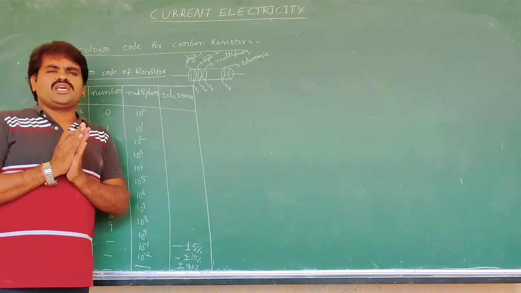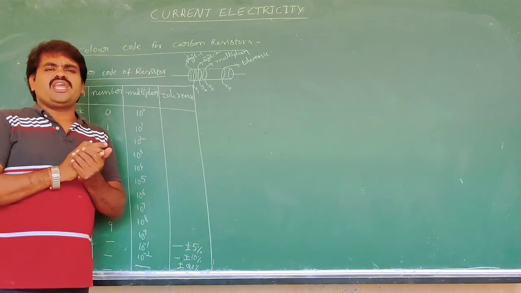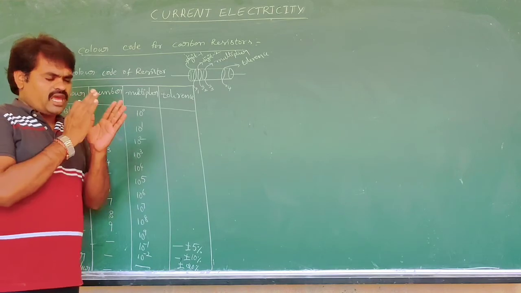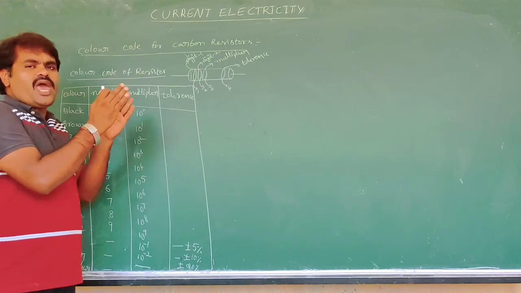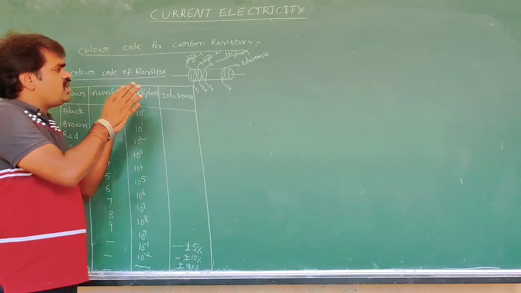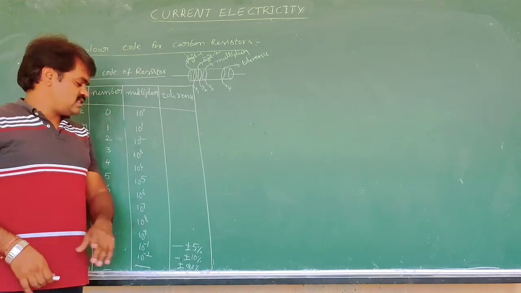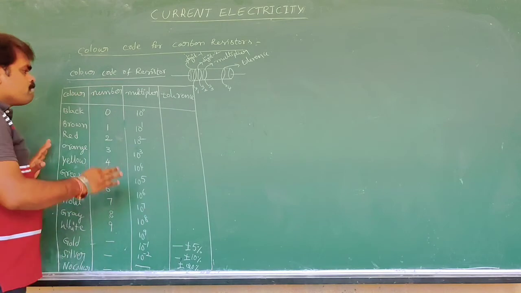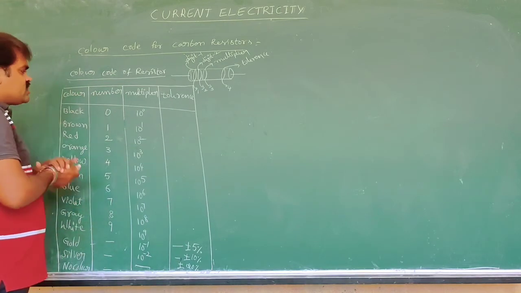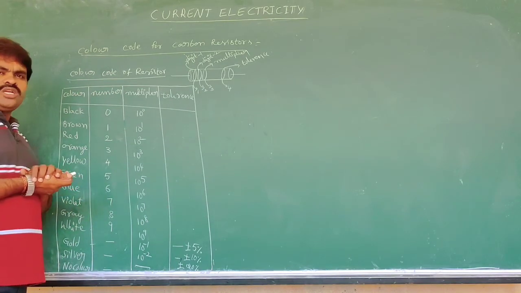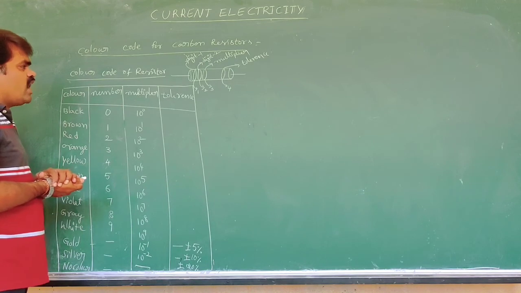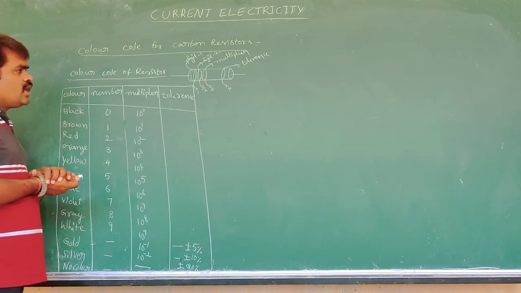Tolerance is nothing but the percentage accuracy, the percentage of accuracy in finding the resistance. By using these, we calculate the value of resistance of the resistors.